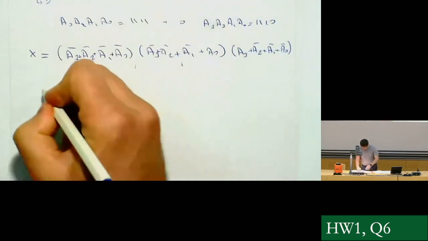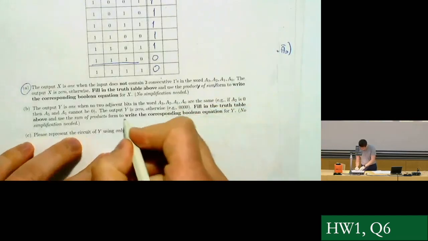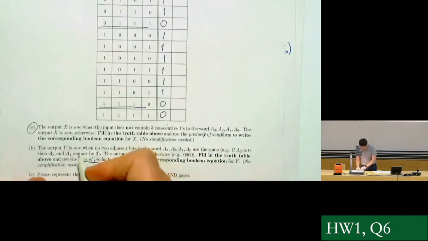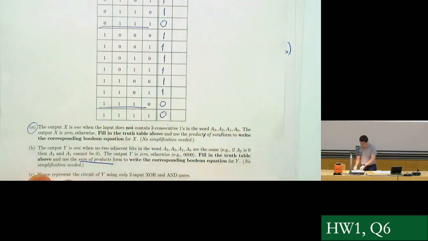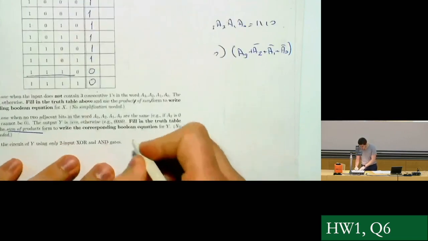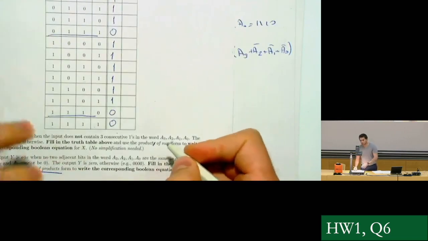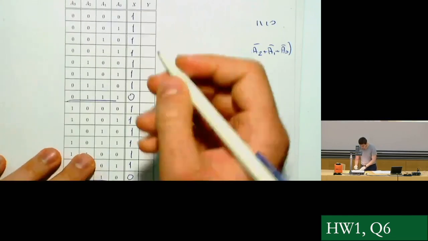For B, it asks for the sum of products, and Y is 1 when no two adjacent bits in the word are the same. Basically, it means I won't have any adjacent input bits equal to each other.